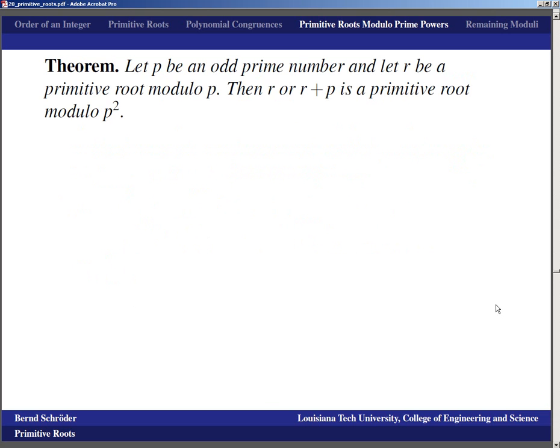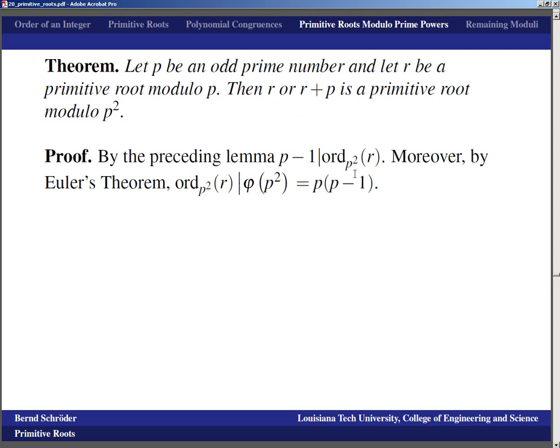Okay, so now a theorem. You take an odd prime number p and take r to be a primitive root modulo p. Then r, or r plus p, is a primitive root modulo p squared. So we're bumping up to one higher power, from p to p squared. By the preceding lemma, we know that p minus 1 divides the order of r modulo p squared.